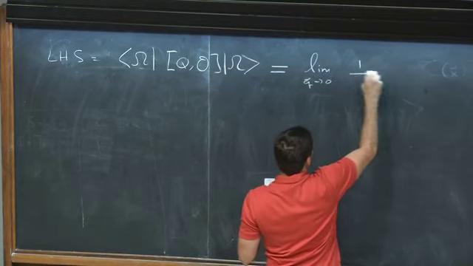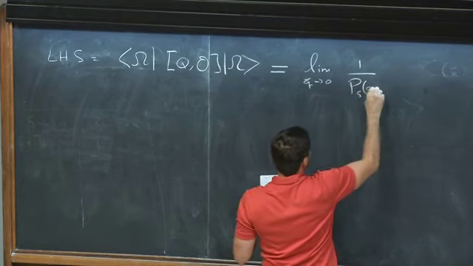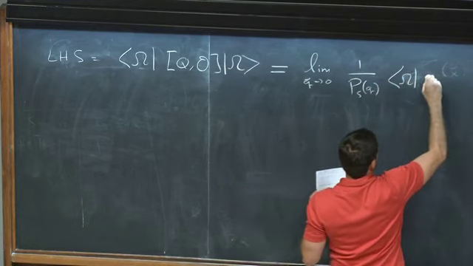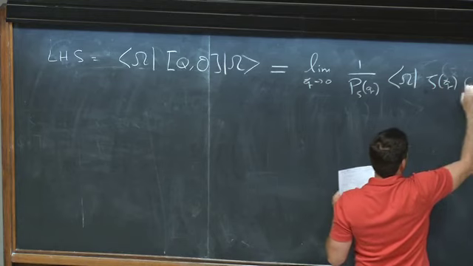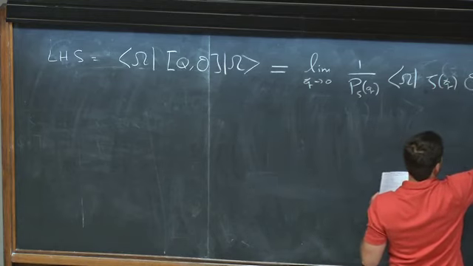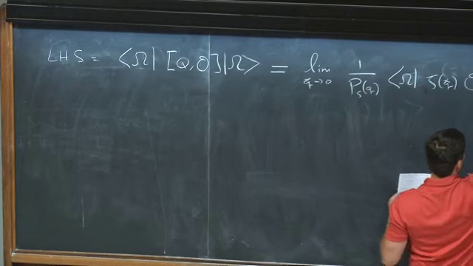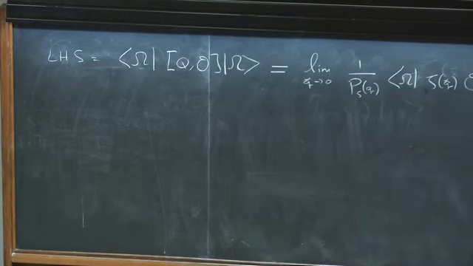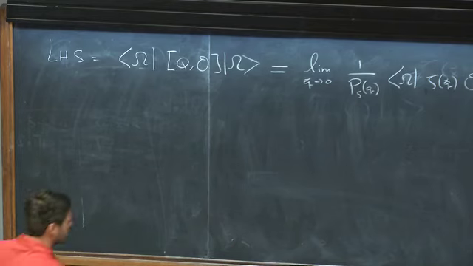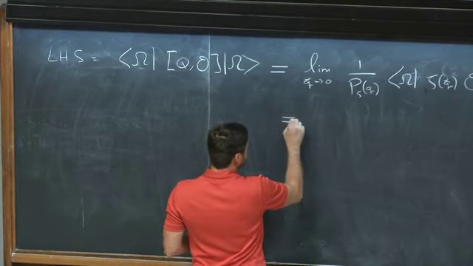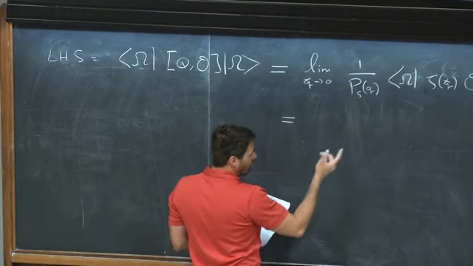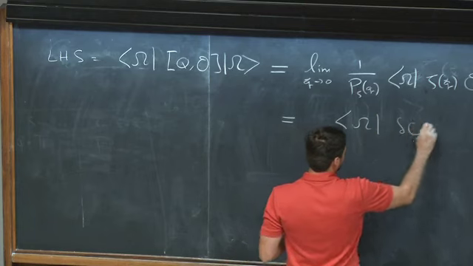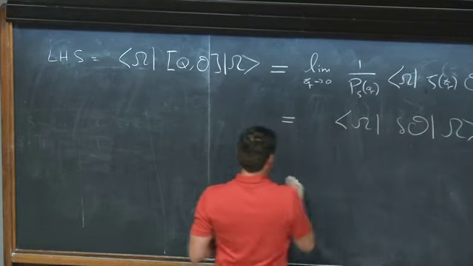So it just becomes 1 over P, zeta of Q, omega, zeta of Q, O, which depends on K1, Kn. Very nice. And then the right-hand side, we know what it is. This guy is equal to the variation of O, which we wrote down earlier.